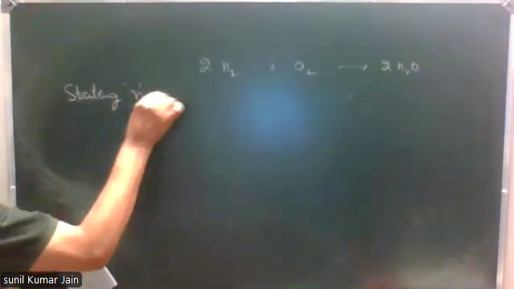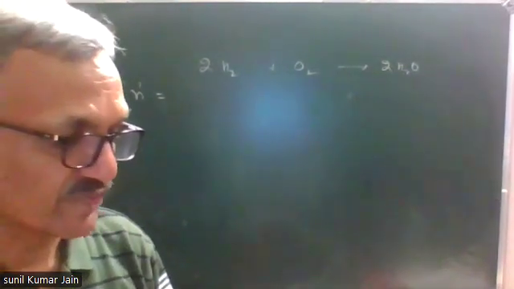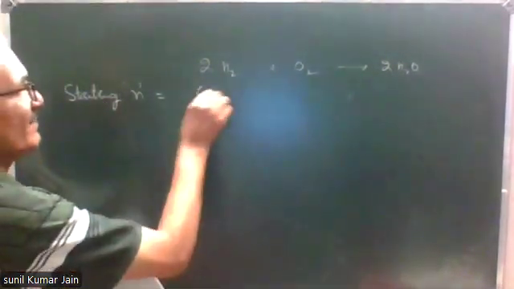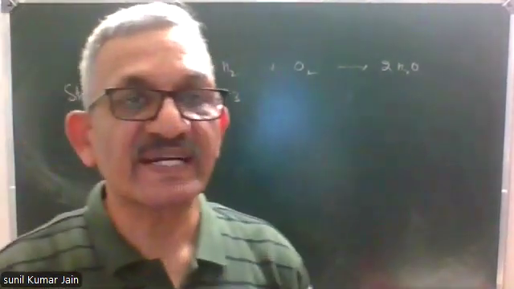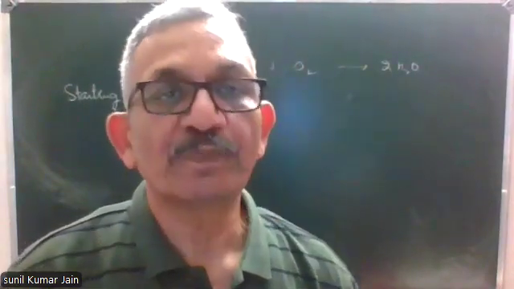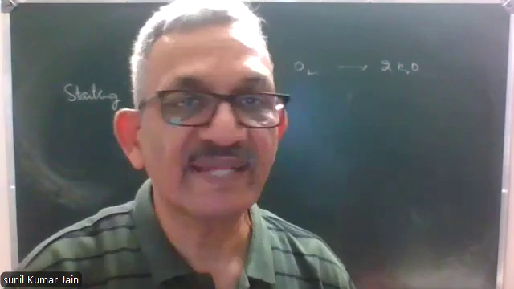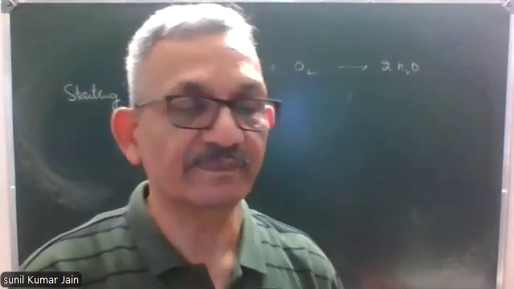Starting, n means number of moles. So starting moles of hydrogen, 6 divided by molecular weight, 3 moles. So we are starting with 3 moles of hydrogen reacted with oxygen to produce water. How much oxygen? That is not given. It means oxygen is taken in excess.